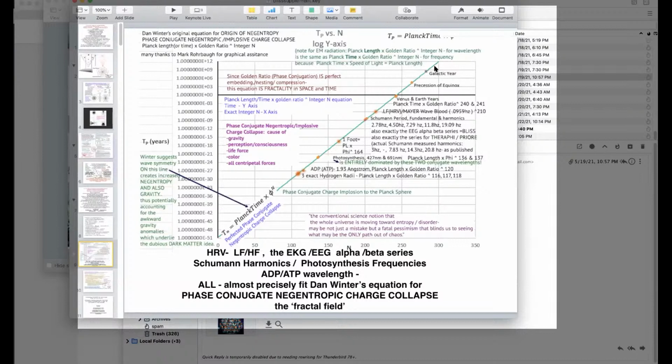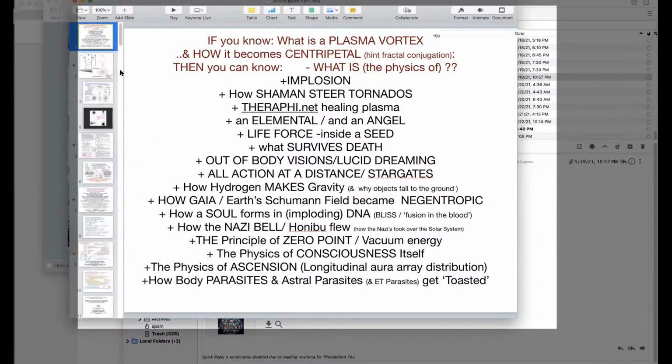So that is a geometry of perfect implosion that is the way out of chaos and proves that your physics teacher was wrong when she said the universe is condemned to entropy. That is a lie. There is a way out of chaos. For example, how the Schumann harmonics make the Earth grid negentropic, named the Gaia principle.